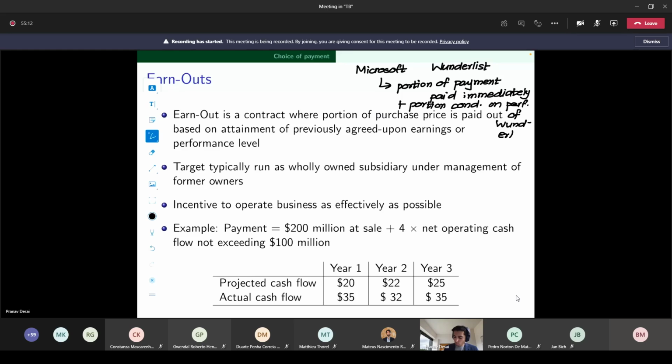So once again, Wunderlist, being a small private company, does not receive all the benefits or the entire payment in one go. In this case, Microsoft conditions the payment upon the performance of Wunderlist.